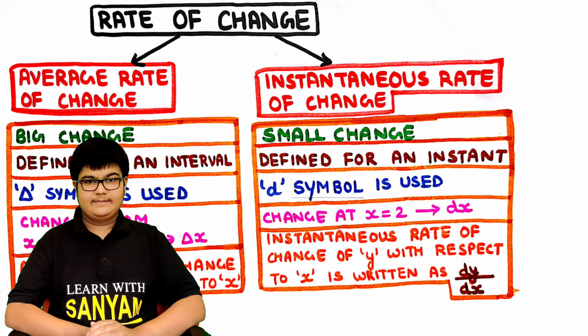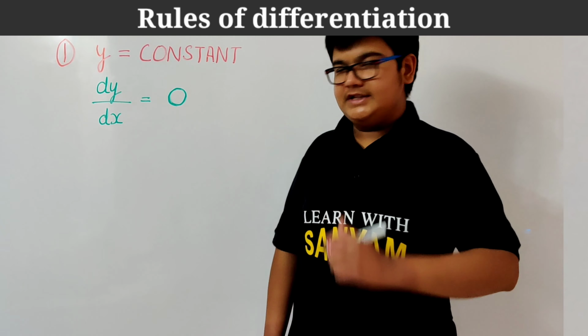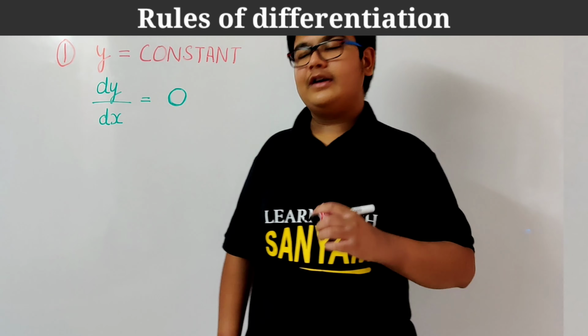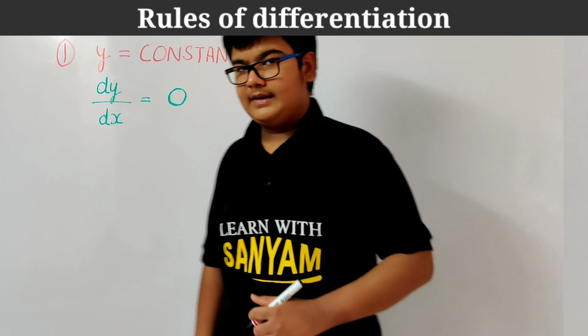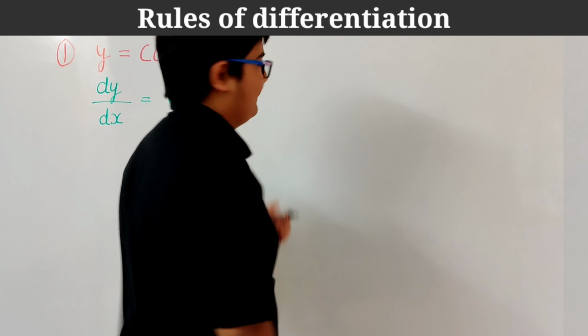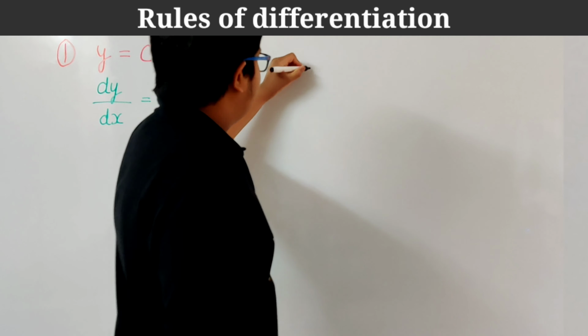The first rule says that if y is equal to a constant, then dy upon dx will be equal to 0. So if y is constant, then the differentiation of y with respect to x will be 0. Let's take a few examples. Let's take y equals 5.